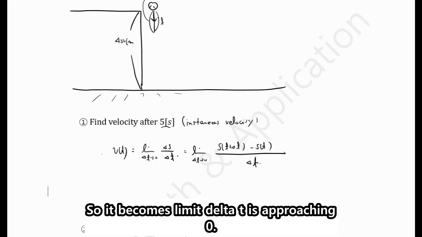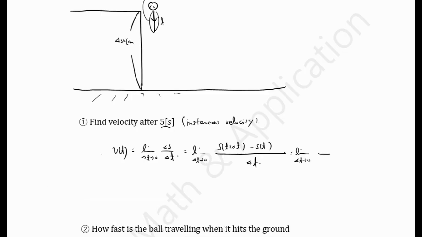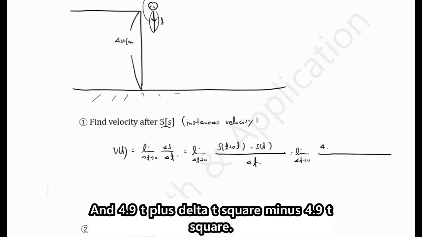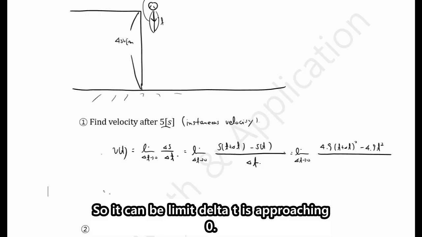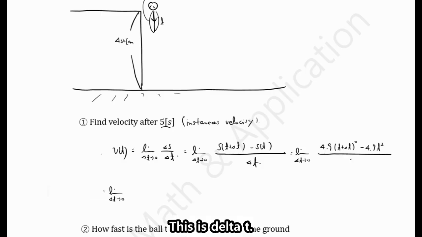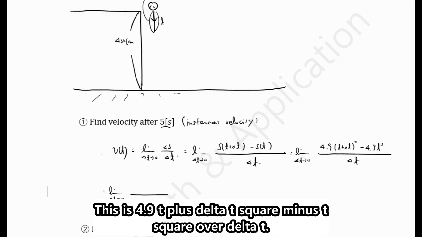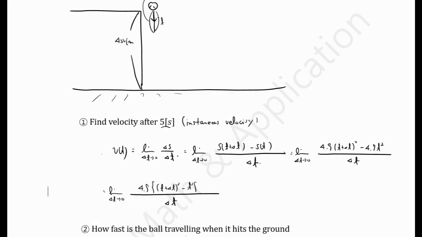So it becomes the limit as delta t approaches 0 of 4.9 (t plus delta t) squared minus 4.9 t squared, over delta t. So it can be 4.9 times ((t plus delta t) squared minus t squared) over delta t.